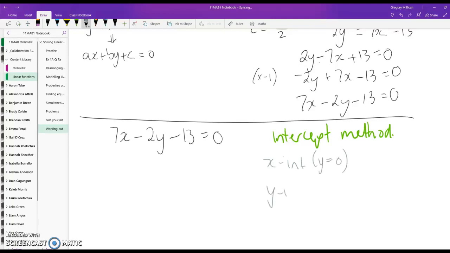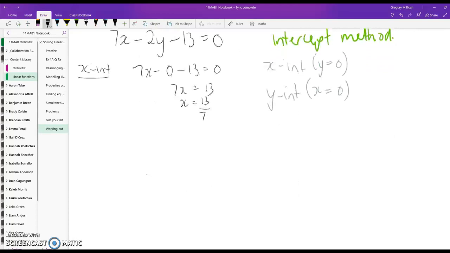If I want to find the y-intercept, I let x equal 0. So back over here, my x-intercept is when y equals 0. So I have 7x minus 0 minus 13 equals 0. So 7x equals 13, so x is 13 over 7. Not very nice numbers, but who cares?